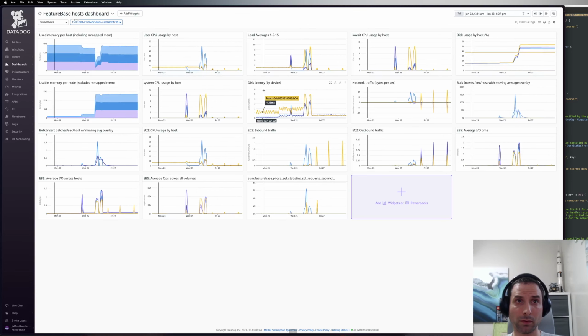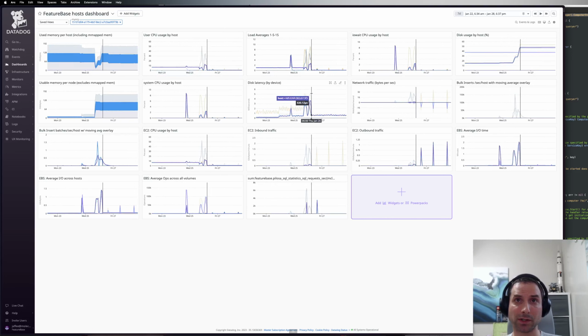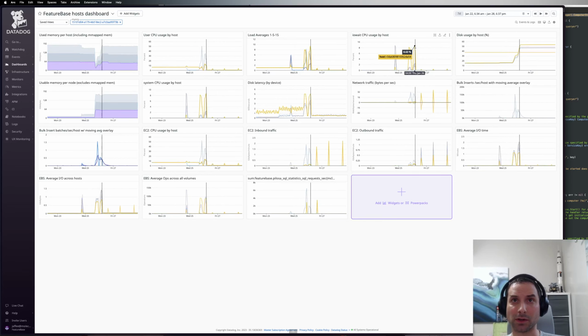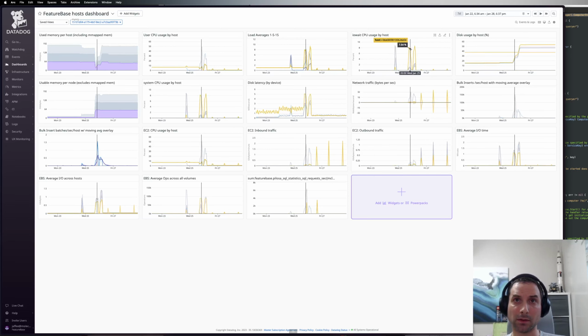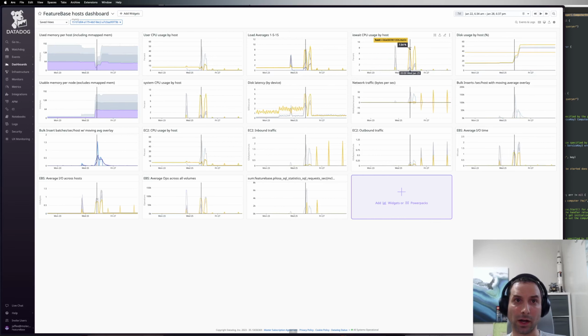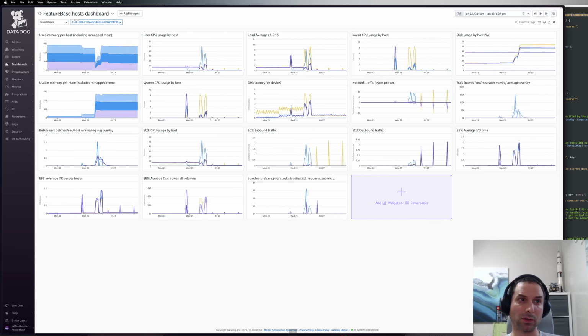Moving on, there's a lot of disk and IO metrics, and they tend to correlate pretty well. We've got disk latency, we've got IO wait: how long are our IO operations taking? The main thing to keep in mind with these is when you're doing ingest, you'll know that you hit the hardware limits when your IO wait starts spiking.